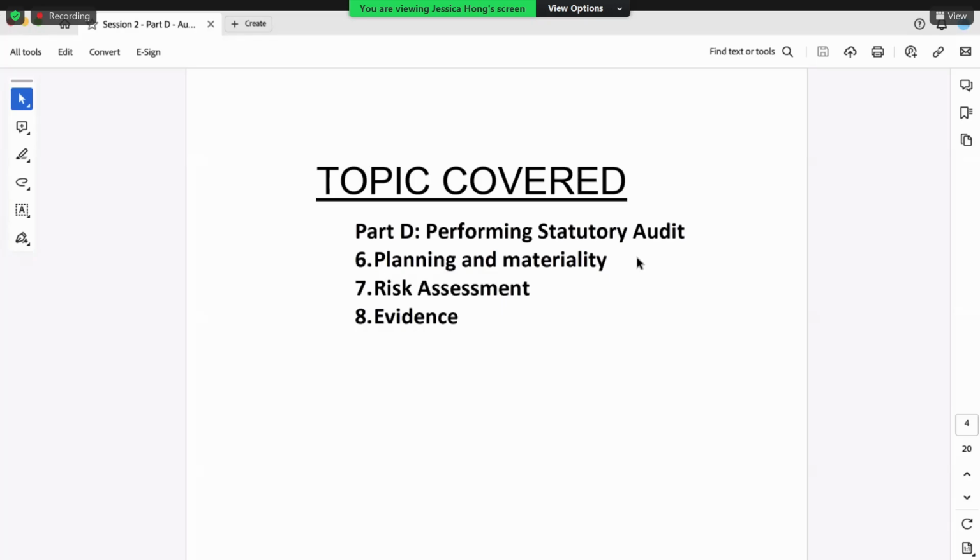So the questions are commonly tested on this, but together with the audit procedures, they usually also select a particular SFRS to test on. All right. So next week, when you join me in our next webinar, we will learn how to evaluate some of these case studies using some of these FRS. We will also look at what sort of appropriate audit procedures should be prescribed in response to the audit risk identified in the case study. All right, we'll take a look at that. So this is the area that we will cover for today's class.